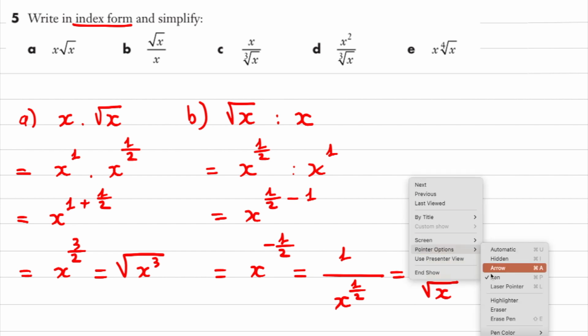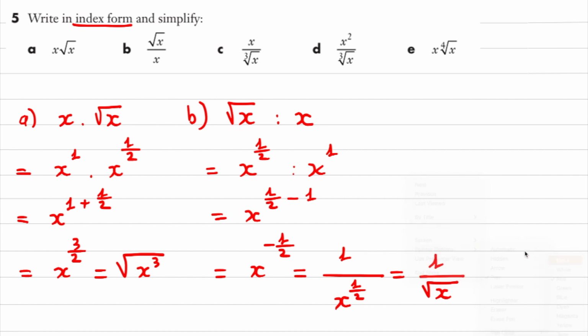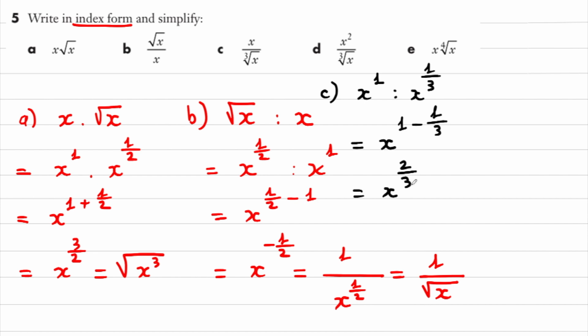Okay, so move to question C. How can you work with part C? You've got x to the power of 1 divided by x to the power of 1 over 3. So here is the difference between the power numbers: 1 minus 1 over 3 means x to the power of 2 over 3, which means the cube root of x squared.